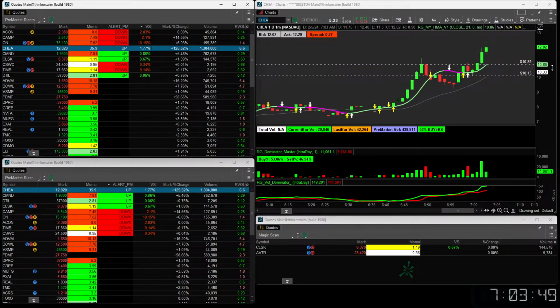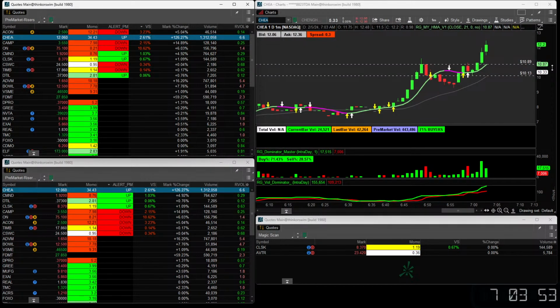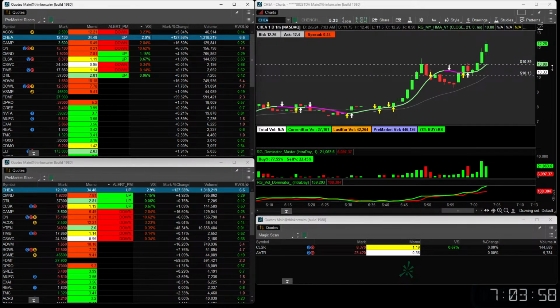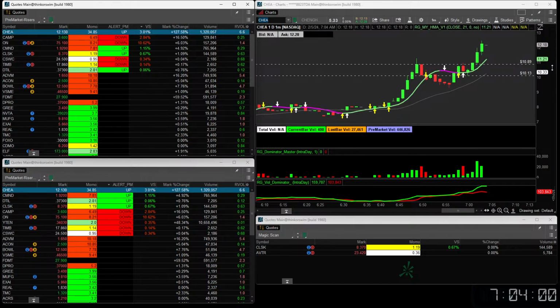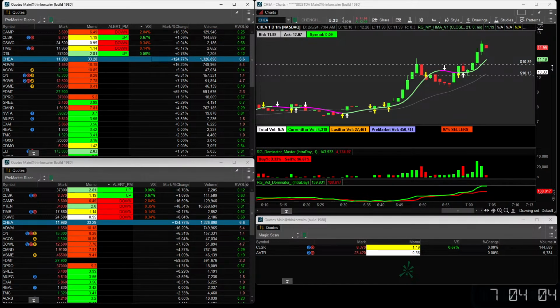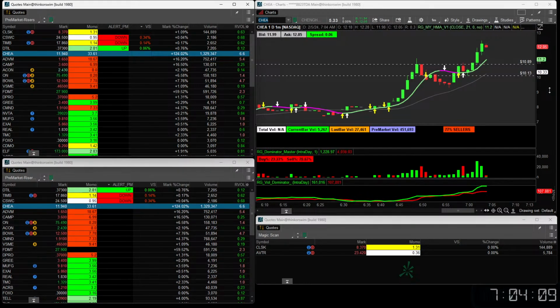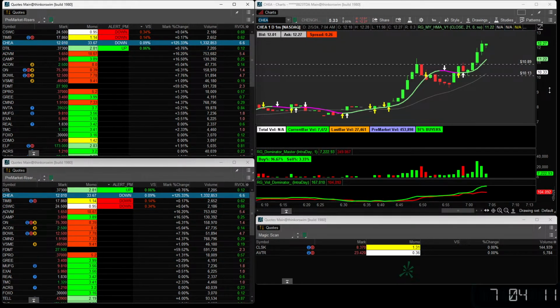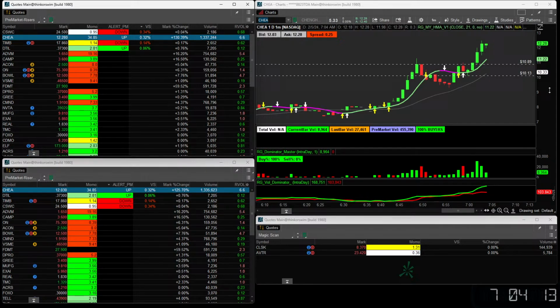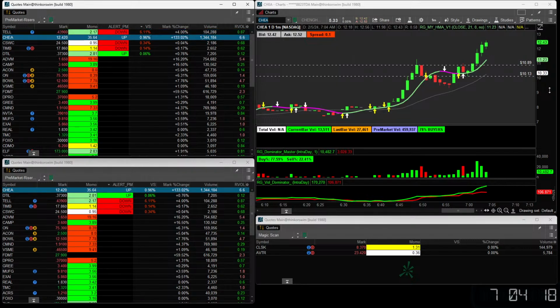Nice pop for CHEA. Looking really good on my indicators. Nice and strong.